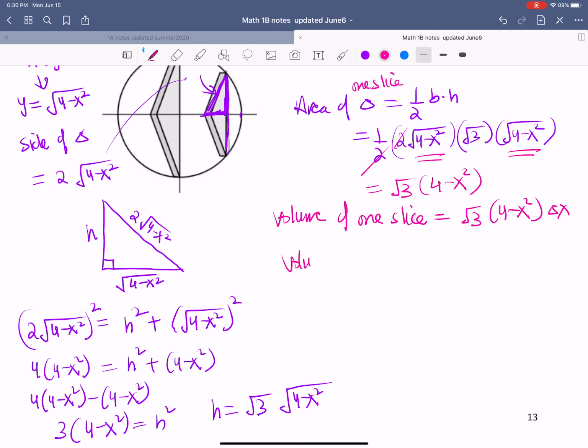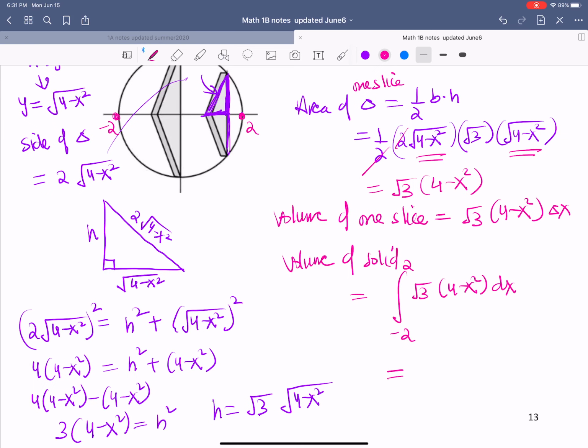How about the volume of the solid? For the volume of the whole solid, we need to look at where the cross sections start. They are from -2 to 2, so the integral of square root of 3 times (4 minus x squared) dx. Delta x becomes the operator dx. Go ahead and take a minute to evaluate the definite integral.